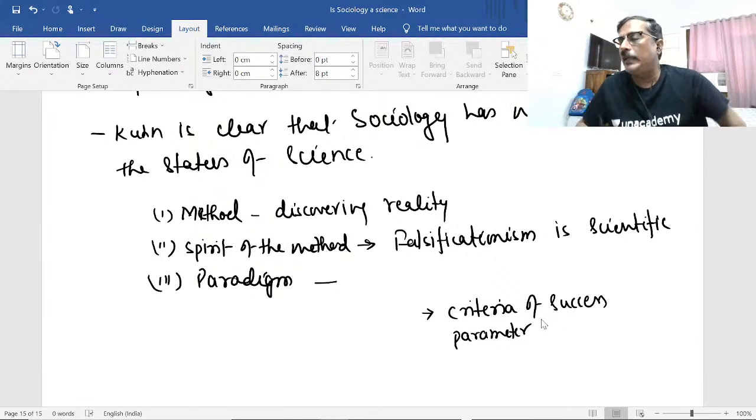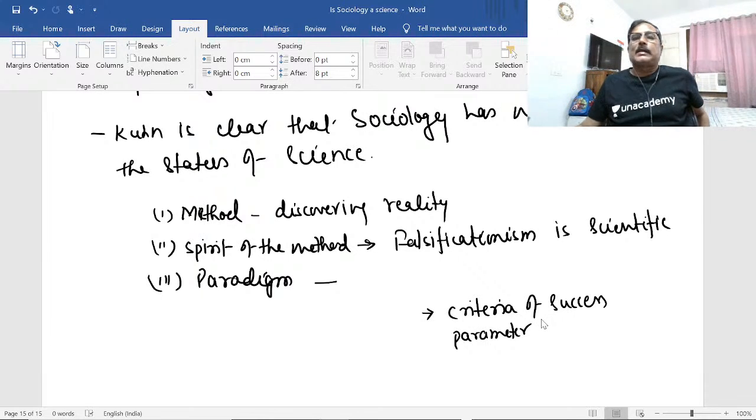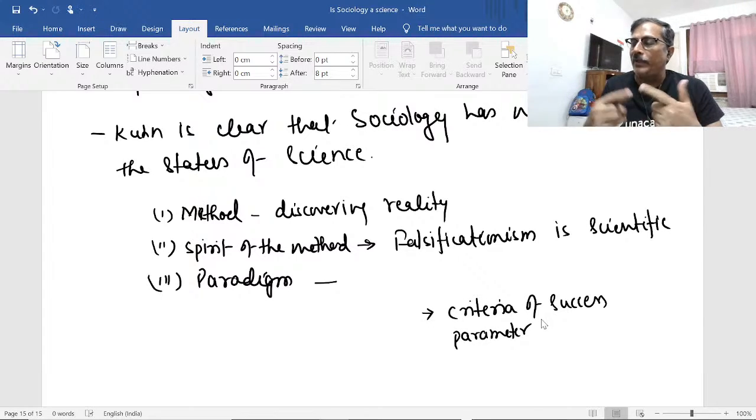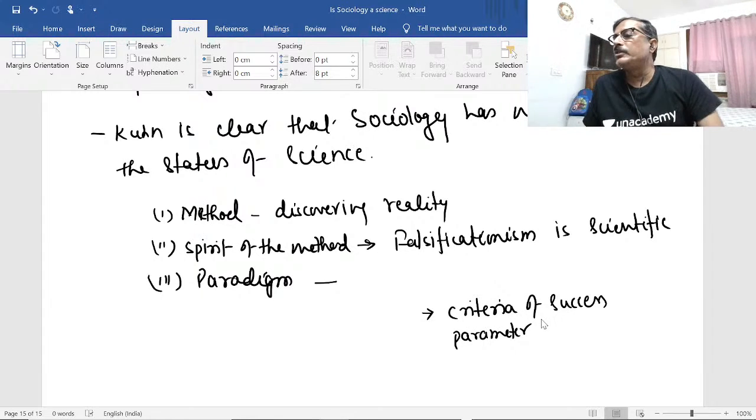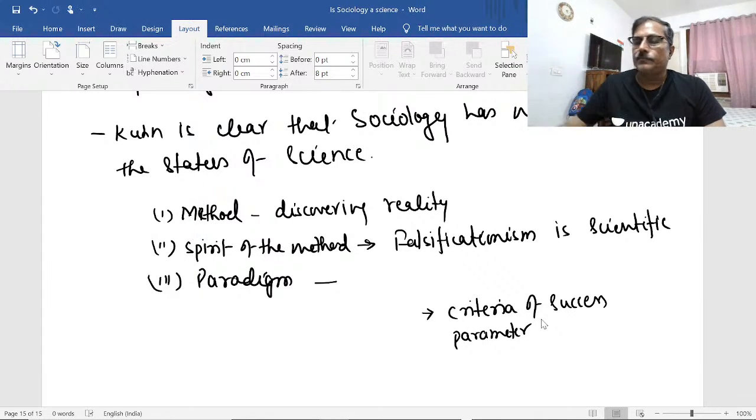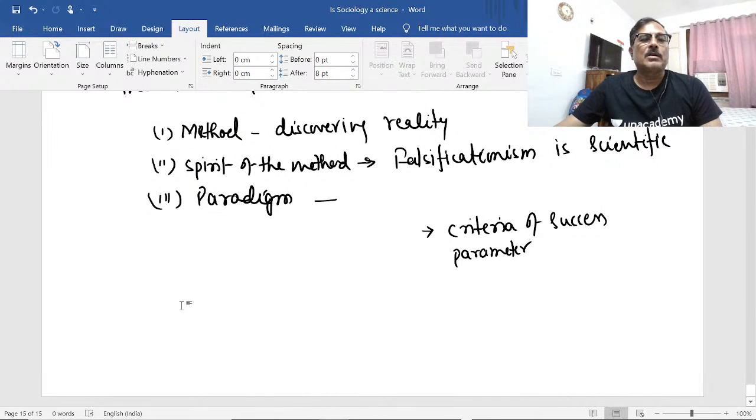We have to lay down the parameter because nothing is absolute in this world. So whether a discipline is scientific or not can be evaluated only when we lay down the parameters, and based on those parameters we can argue. So here we start writing the answer.